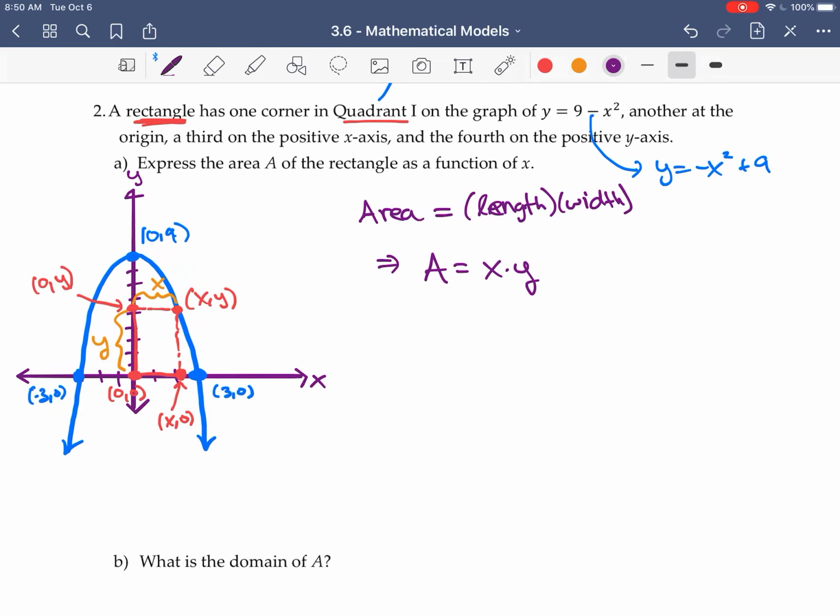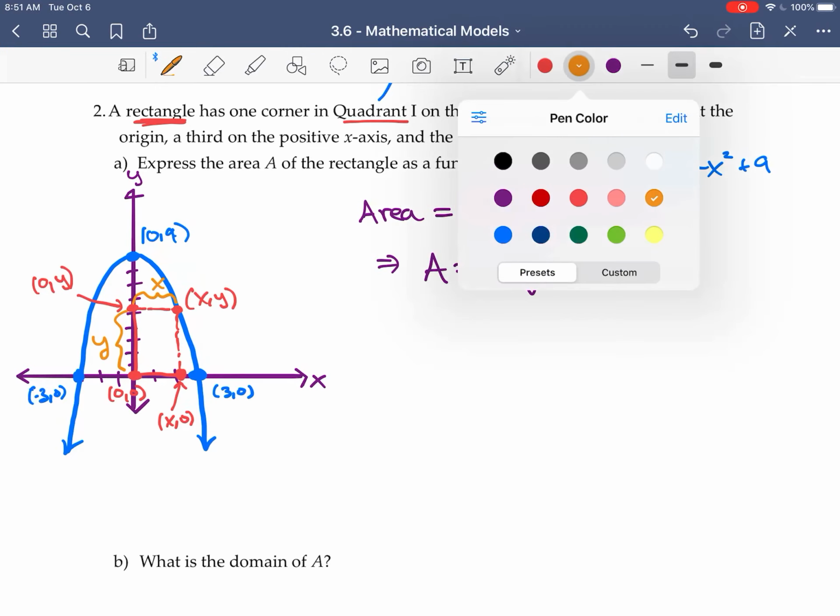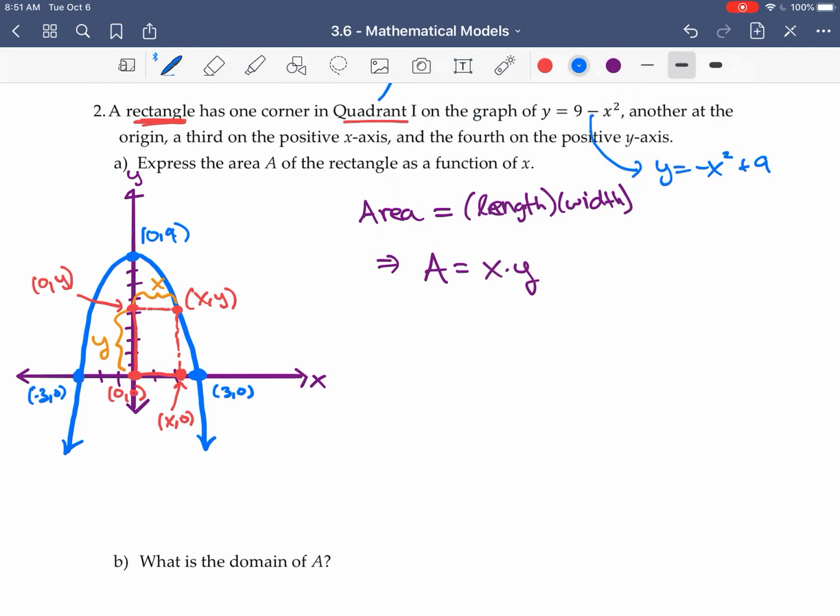We think we're done, except that it wants it as a function of only x. So we want to get rid of this y somehow. Again, we want to remember that since the point (x, y) is on y equals 9 minus x squared, it must satisfy the equation.